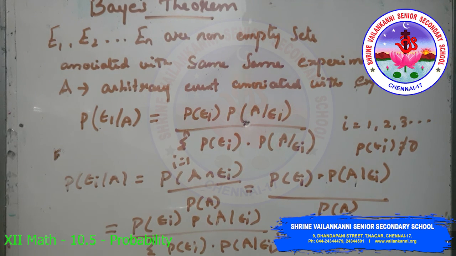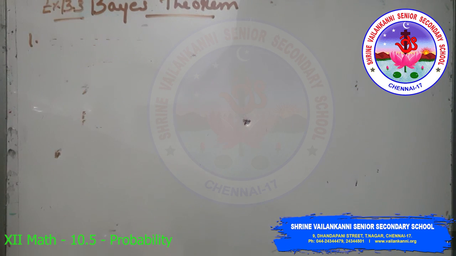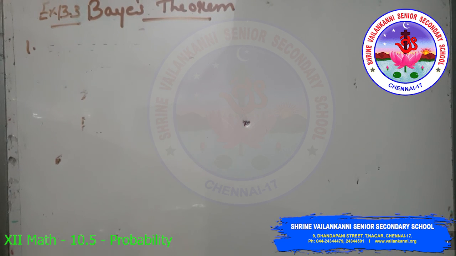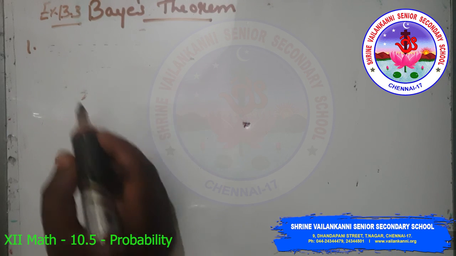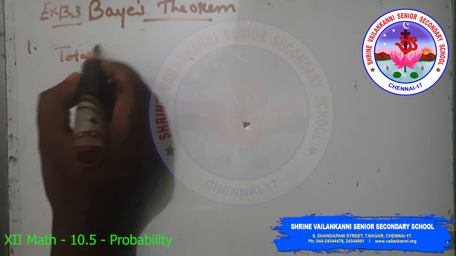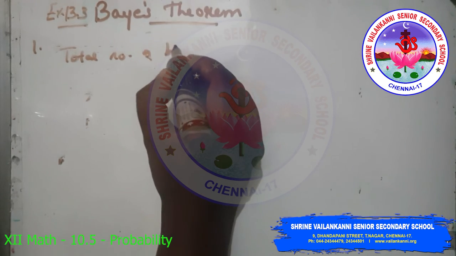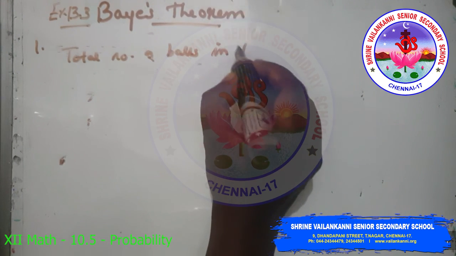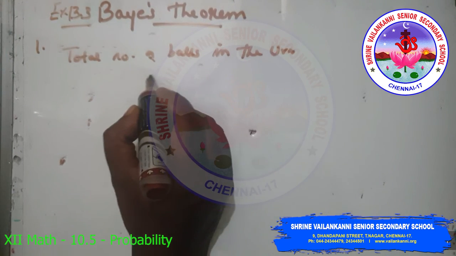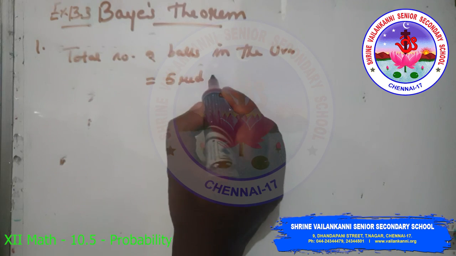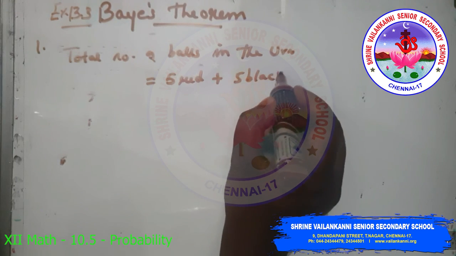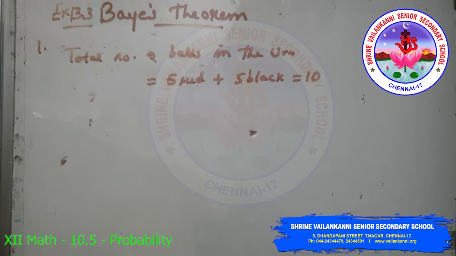So let's do exercise 13.3 based on Bayes theorem. Exercise 13.3, first question. An urn contains 5 red and 5 black balls. So the total number of balls in the urn is equal to 5 red plus 5 black, which is equal to 10.